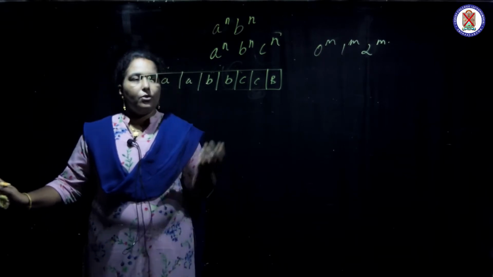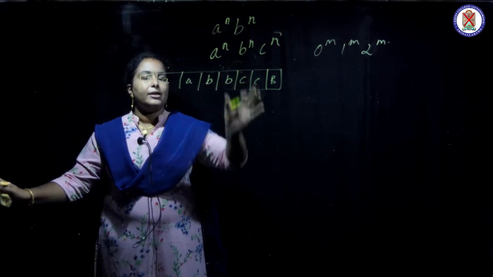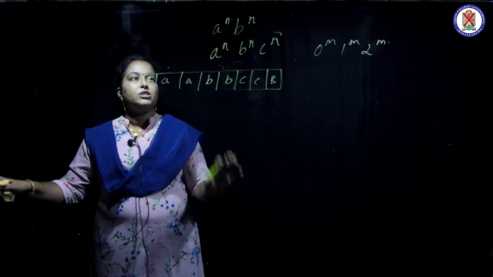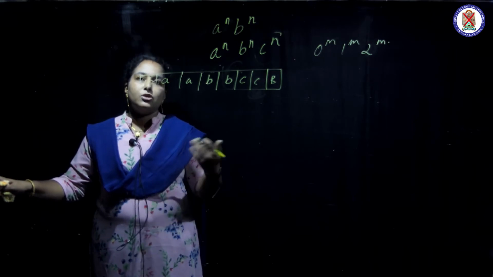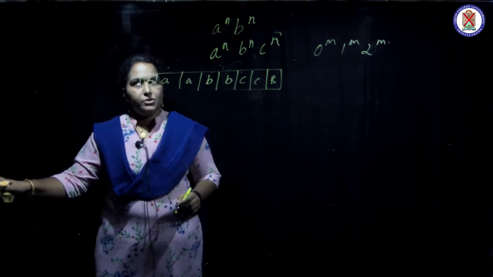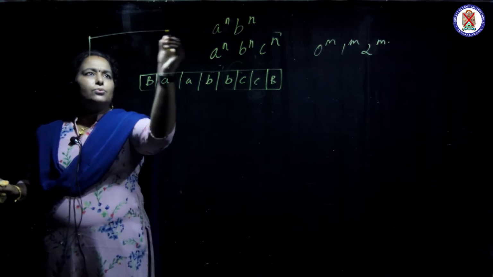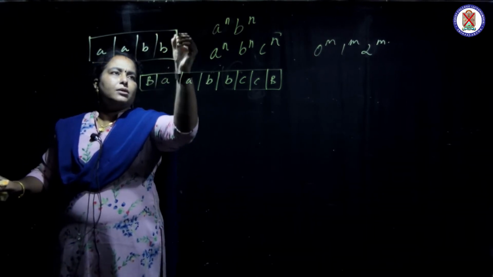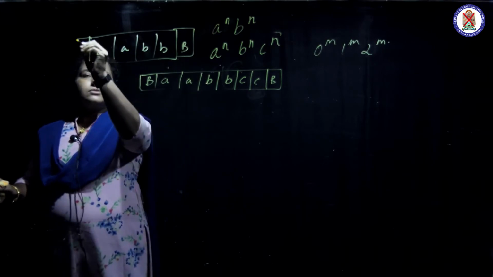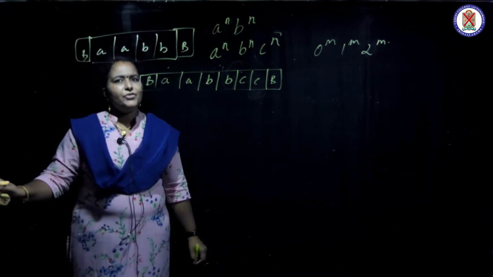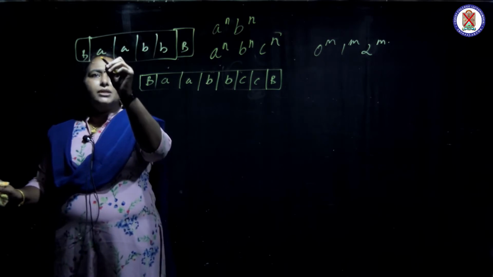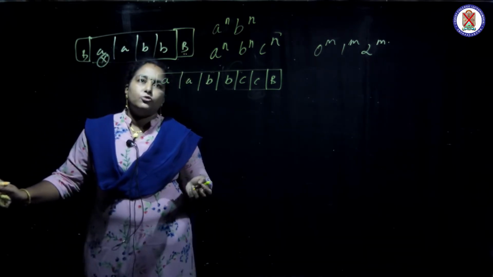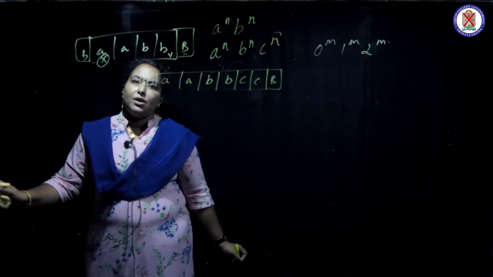In the previous video, when I said a raised to n, b raised to n, I already said that was the first logic we used. There is another logic also to do a raised to n, b raised to n. Here it is blank and here also it is blank. In the first logic I made this a as x, moved up to blank, and made this b as y.